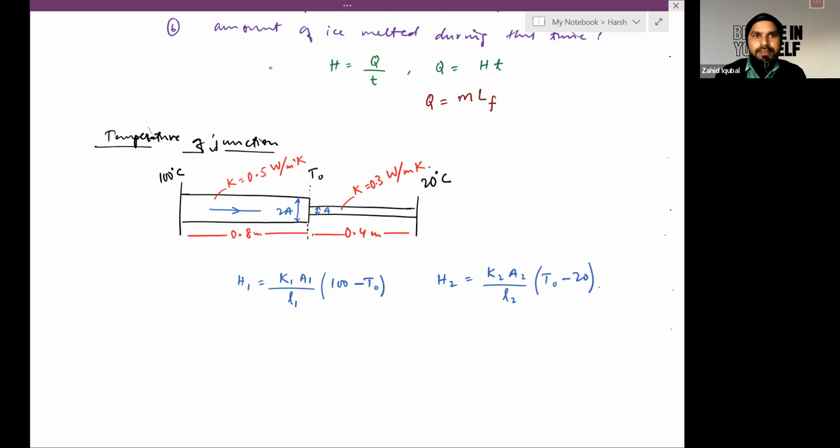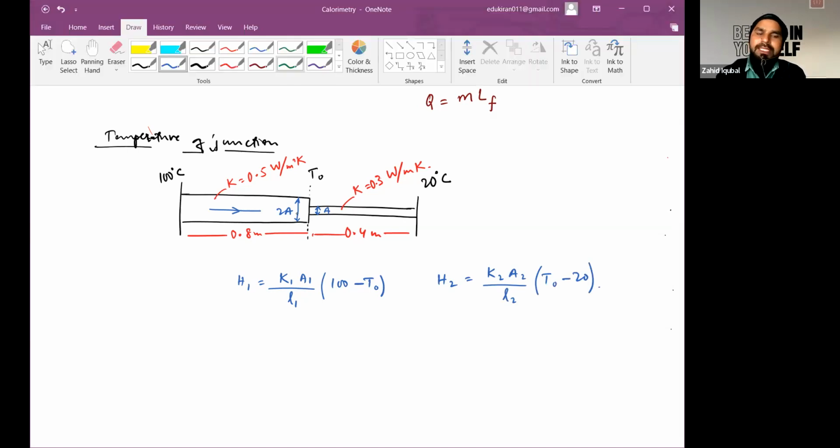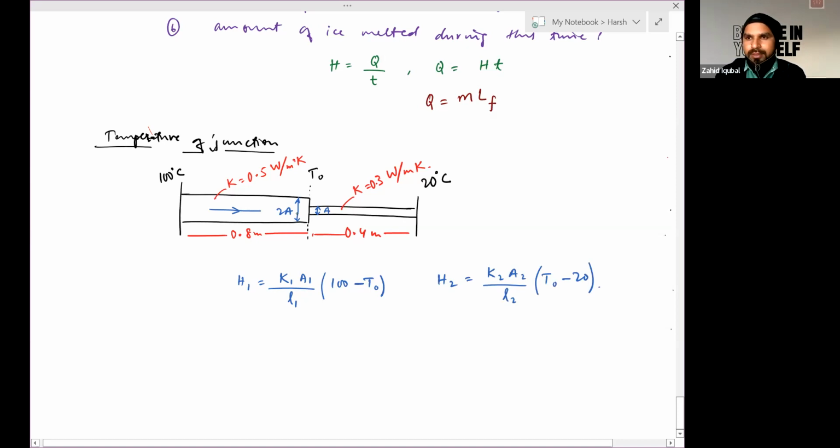Now try to guess this particular combination. Is it series combination or parallel combination? Series. And in series combination, we will have same amount of current through each different resistor.